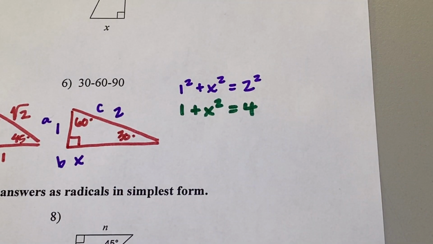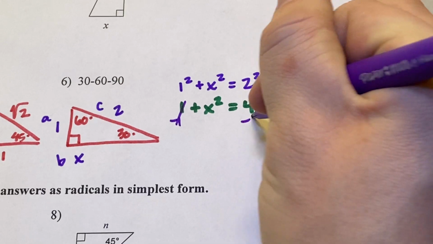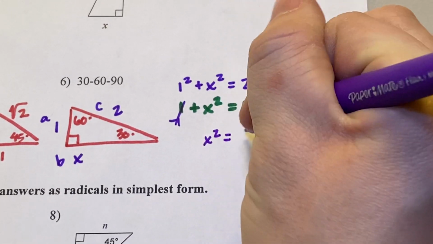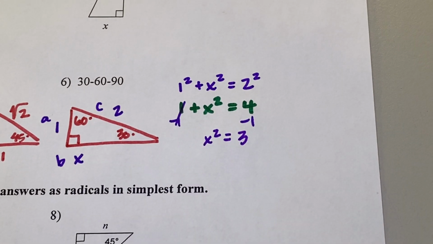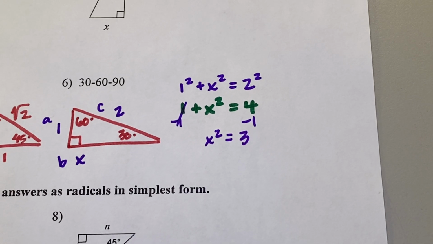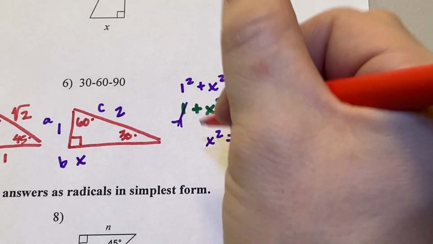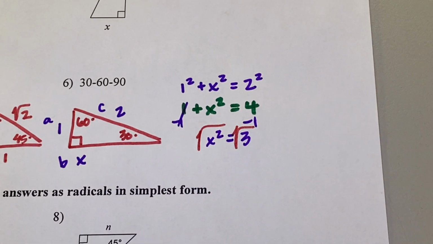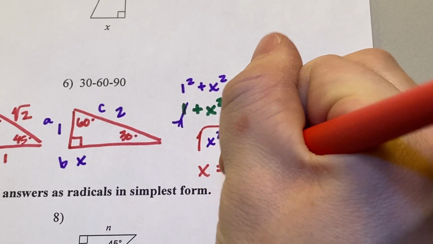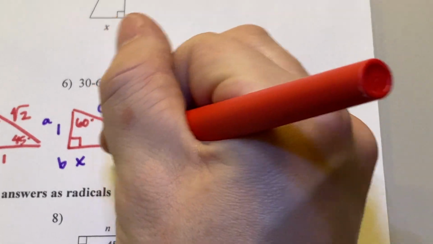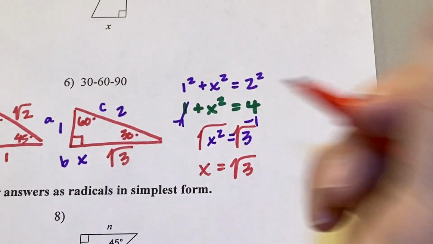Minus 1. Subtract. We get X squared equals 3. How do I get rid of my square, excuse me, my square? Square root. So we know that the missing side of this special right triangle is root 3.